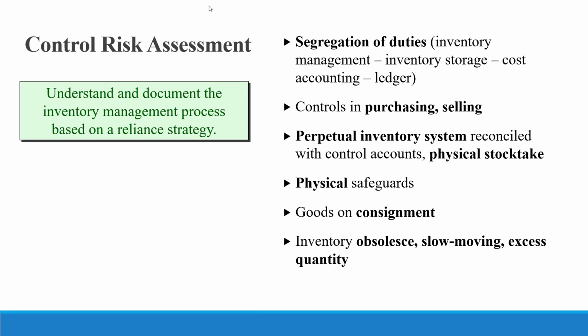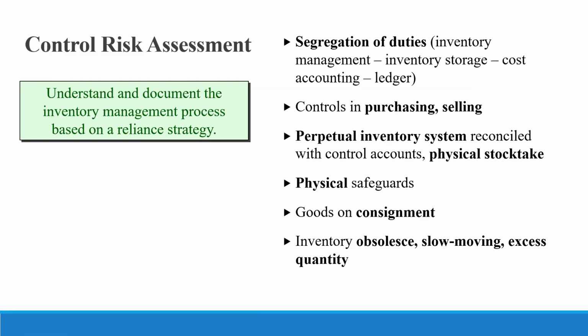In inventory control, we also need to know that some of the inventory items in your warehouse might not be owned by this company. And some of your own inventory items might be consigned in another company's warehouse.